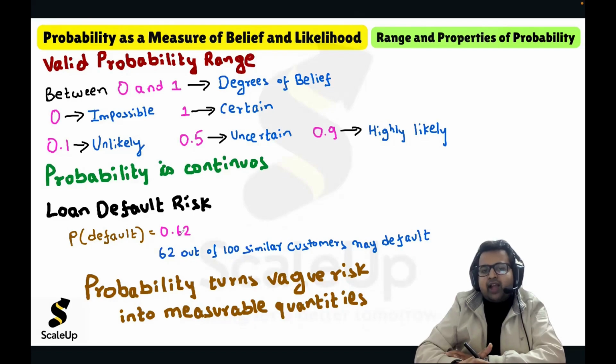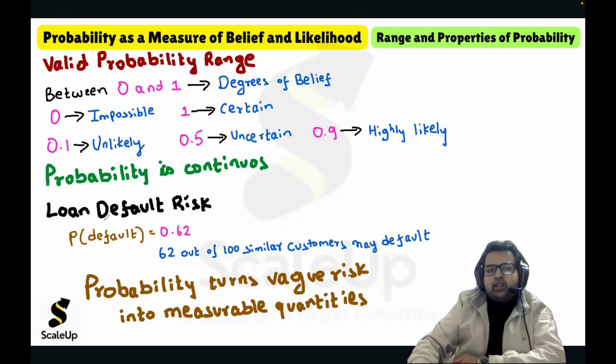But instead of saying high risk, if I give a number, like here, instead of 0.62, if it becomes 0.8, then there is a very high chance that the customer will default. Loan default risk will increase. And if this number becomes 0.22, then there is less chance that the customer may default. These measurable quantities give us the clear picture, and that is what probability is all about. So now we looked into some very interesting concepts of probability, like the range and properties of probability.